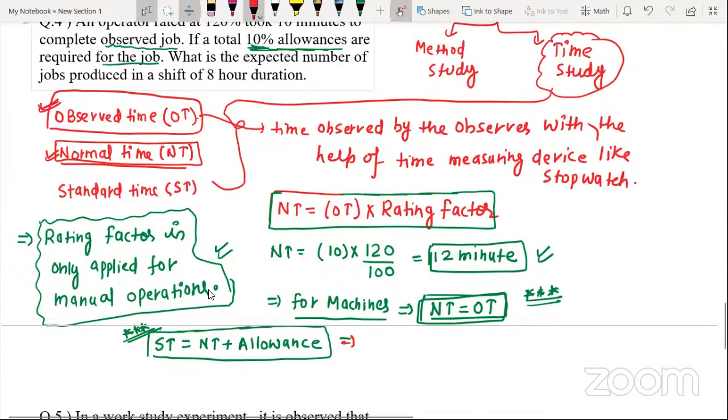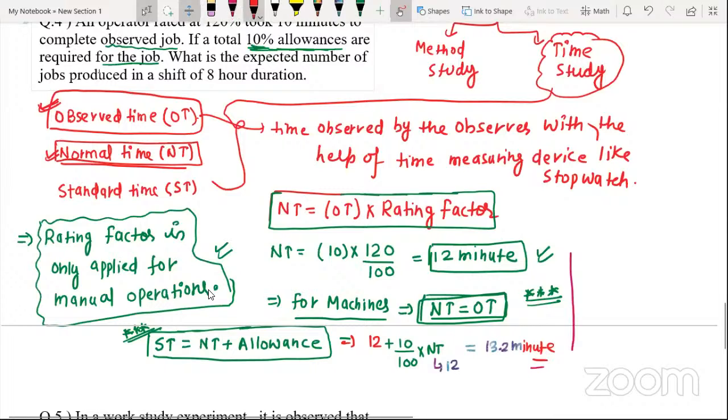So you can calculate the normal time. We have 12 minutes plus an allowance of 10%. It is always 10% of the normal time. So normal time is 12, and we get 13.2 minutes. This is the standard time.